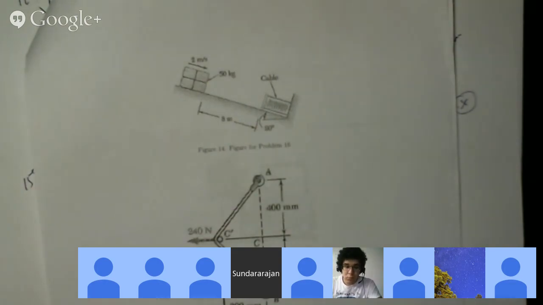Is it potential energy equal to spring energy?